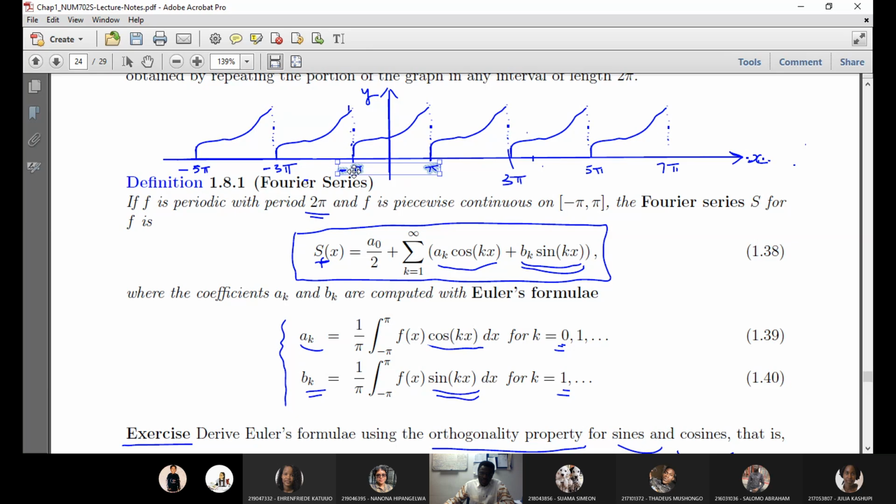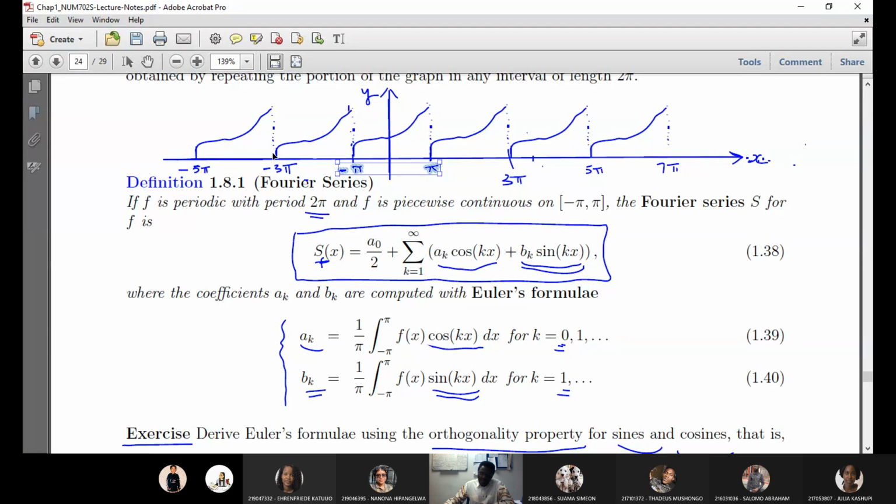If I add negative 2 pi to pi, it gives me negative pi, so this value here will become this one. And the value at negative pi, if I shift by 2 pi, negative pi minus 2 pi gives negative 3 pi. So this value at negative pi will be repeated here at negative 3 pi. I can shift like that till negative infinity.